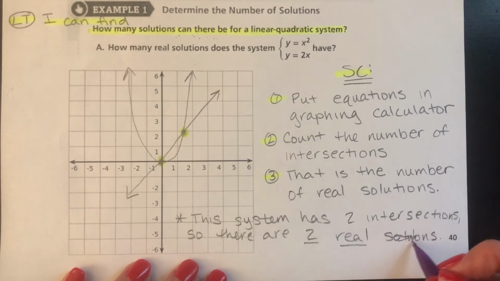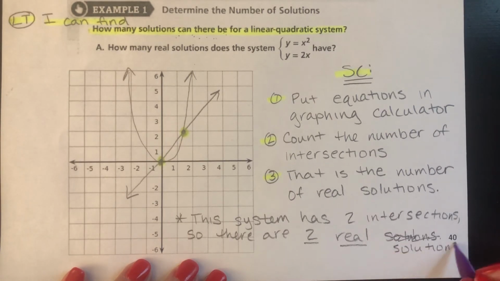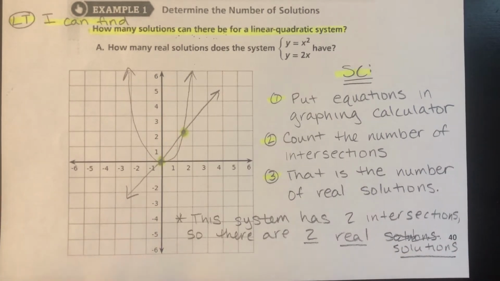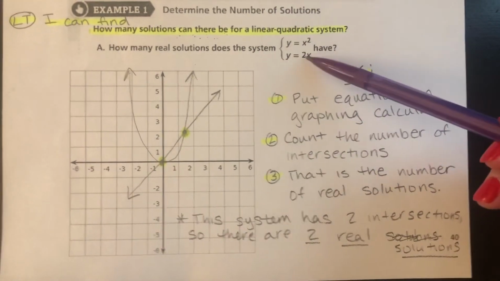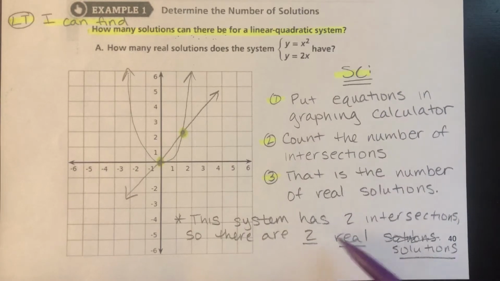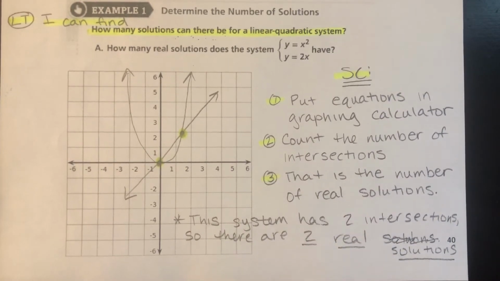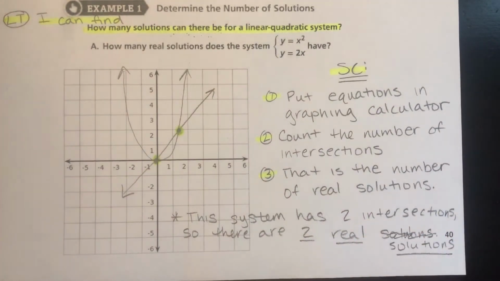If you were to solve the system for x, you would get two real answers, two real solutions. All right, let's move on.